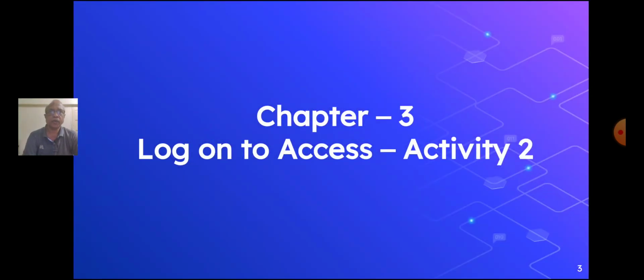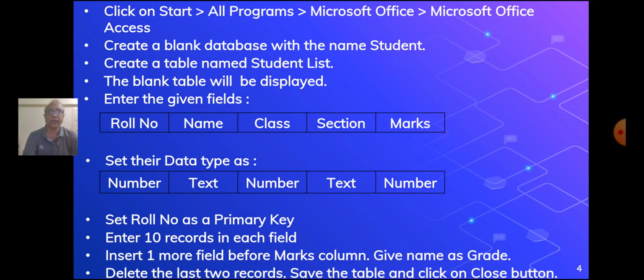With this, we come to the end of chapter 4. Children, before we conclude today's class, we will do one of the lab activities given at the end of chapter number 3 in your textbook. Now you can see the activity question displayed on the screen. We shall work it out practically now.